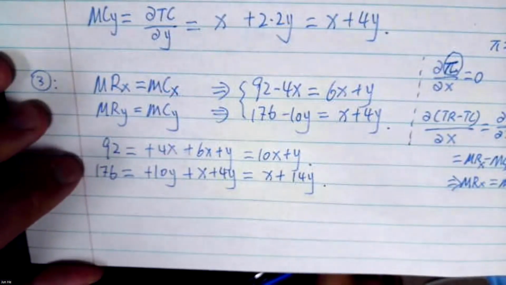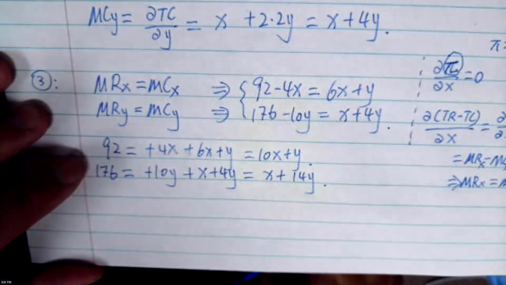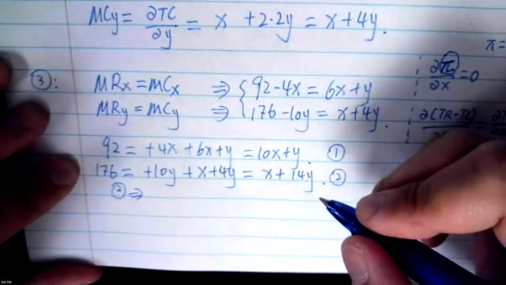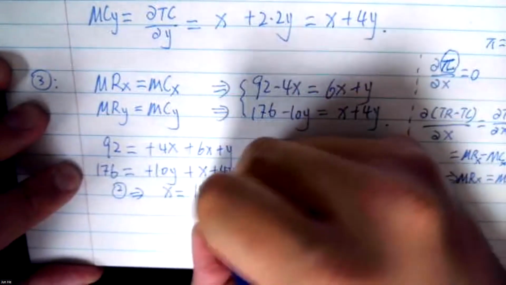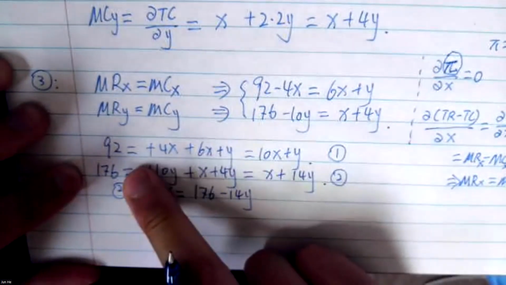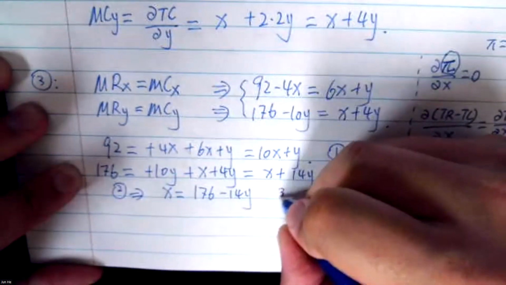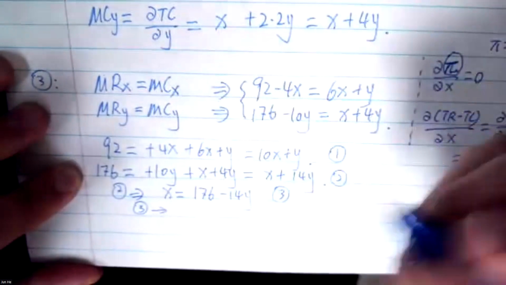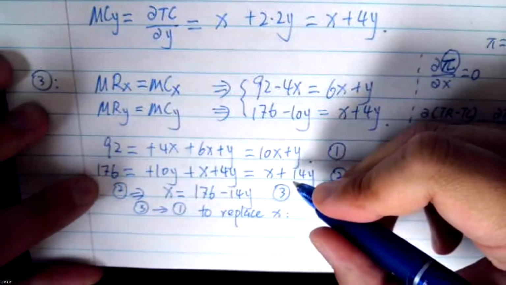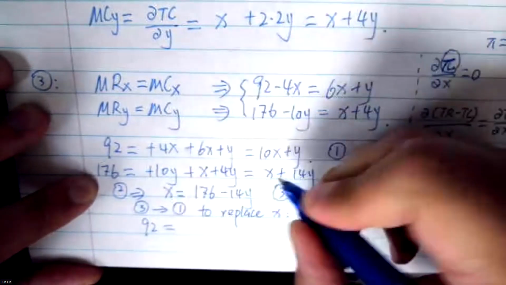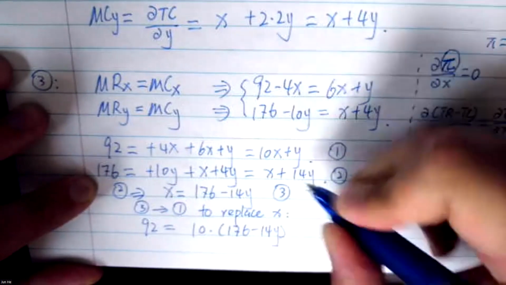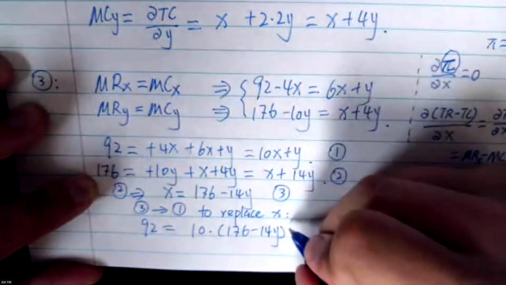Then you can do substitution, right? So here, from equation 2, x equals 176 minus 14y, which is moving 14y to the other side and changing the sign. Then we have equation 3. We put equation 3 into equation 1 to replace x. So we have 92 equal to 10 times 176 minus 14y, which is x now replaced with y, plus y.